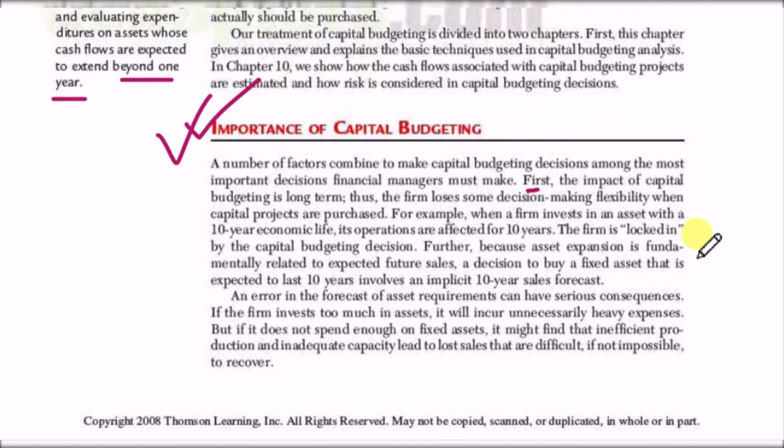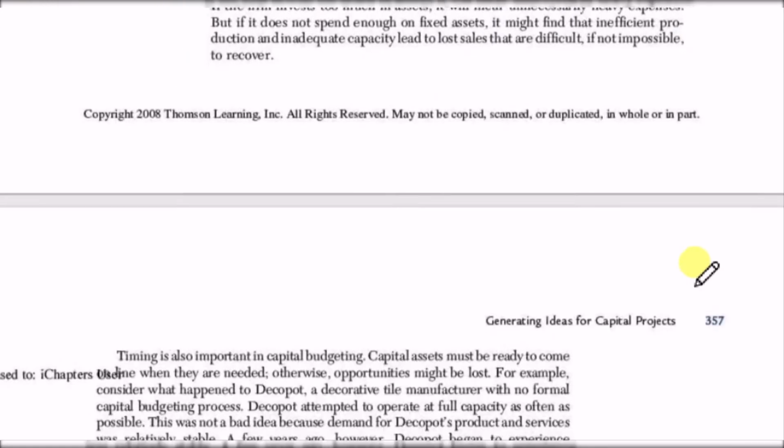Further, because asset expansion is fundamentally related to expected future sales, decisions to buy a fixed asset that is expected to last 10 years involve an implicit 10-year sales forecast.